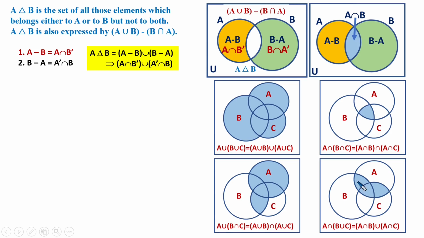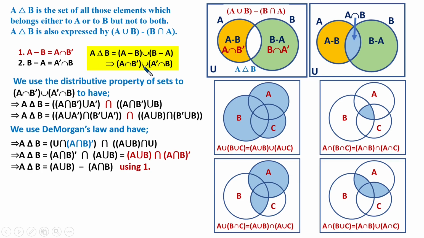So I have this region shaded in blue as A intersection B union C. Just go through it slowly; I'm sure you will be able to understand. Similarly here, A intersection B is this blue region, and A intersection C is this blue region. The union of these, again you get the same figure either using this rule or this rule.